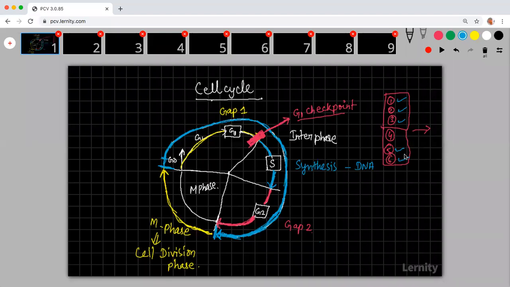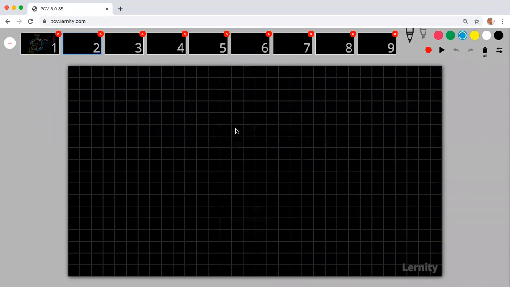So all these things in the checkpoint should be cleared. Only then will the cell move to the next phase. Which means if this is also done, then it will proceed further. That is the role of this checkpoint. This checkpoint is controlling the entire mechanism. What is this checkpoint made up of? It is made up of something called cyclin CDK.